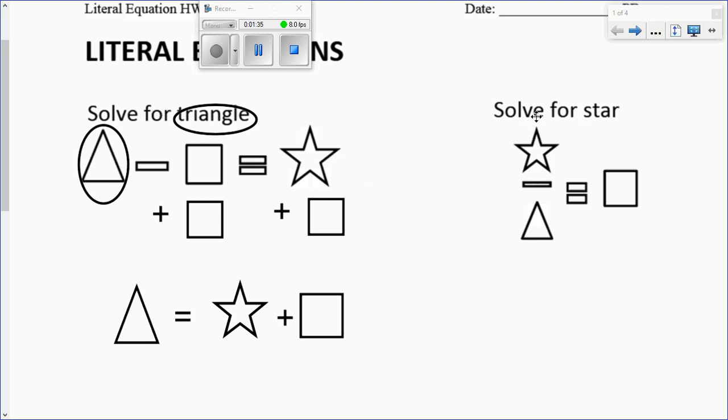All right, let's try another one. This one says solve for the star. So we are solving for this guy. Well, this guy is being divided by a triangle and it equals a square. To undo that divided by a triangle, we do the inverse operation of multiplying by a triangle on both sides. I forgot to put it on this side, so you do it to this side as well. These triangles will cancel out.